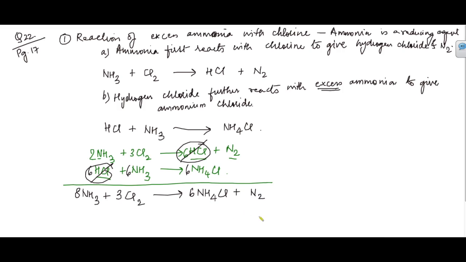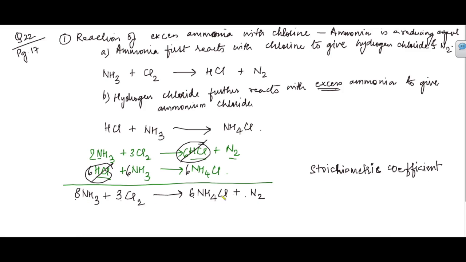Now if you look at the final equation, the numbers in front of the compounds are called stoichiometric coefficients.